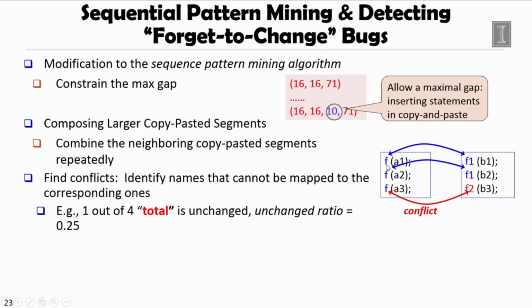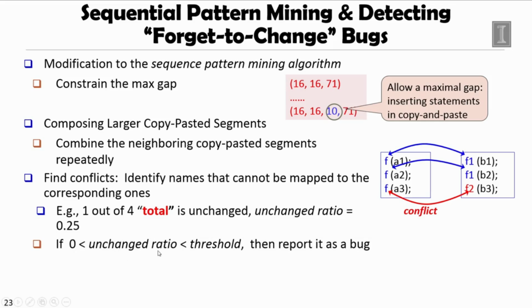For example, you may see the concrete identifier F mapped to F1, and this F also mapped to F1, but the other F is mapped to F2, so there's a conflict. So we try to calculate the ratio. Suppose we find that 1 out of 4 is unchanged, so the unchanged ratio is only 0.25.